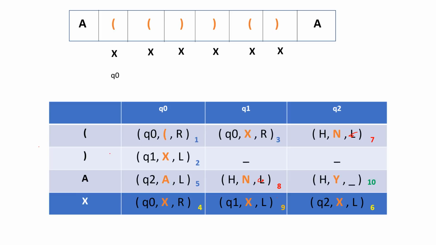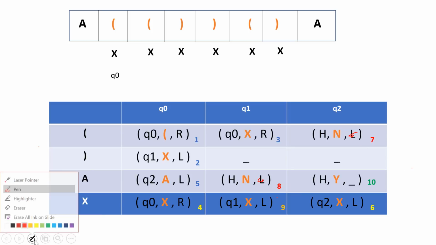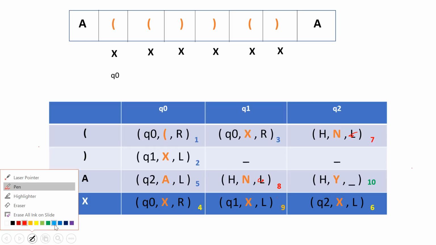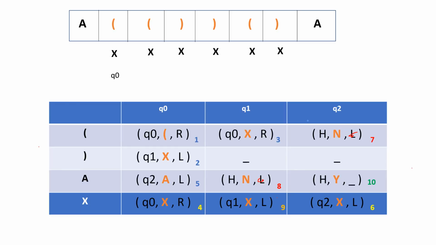Now, how do we know we are successful? There's only one condition that we are successful. We are successful if you're in Q2, which means you have seen the A. You switch to Q2, you see all X's, and you encounter the A at the end.